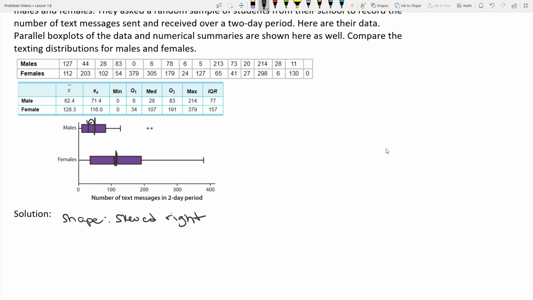All right, so now let's go ahead and compare. Also, keep in mind that since both distributions are skewed to the right, we need to use the median and the interquartile range to compare center and variability.